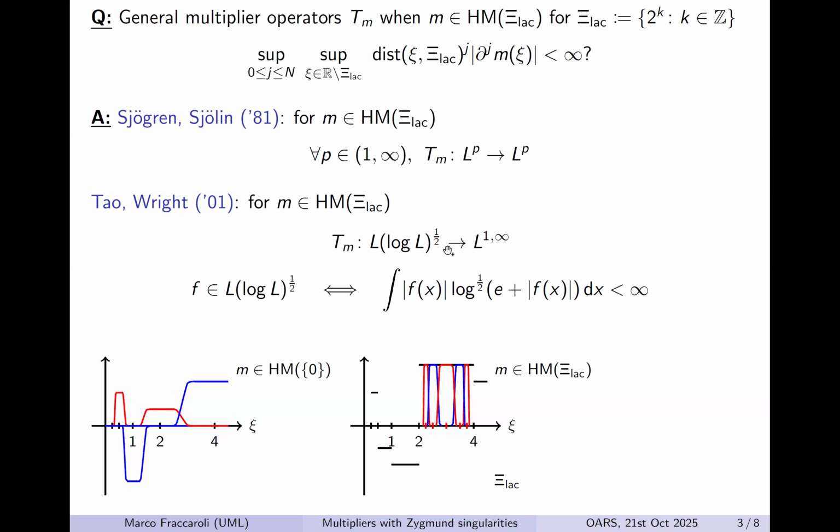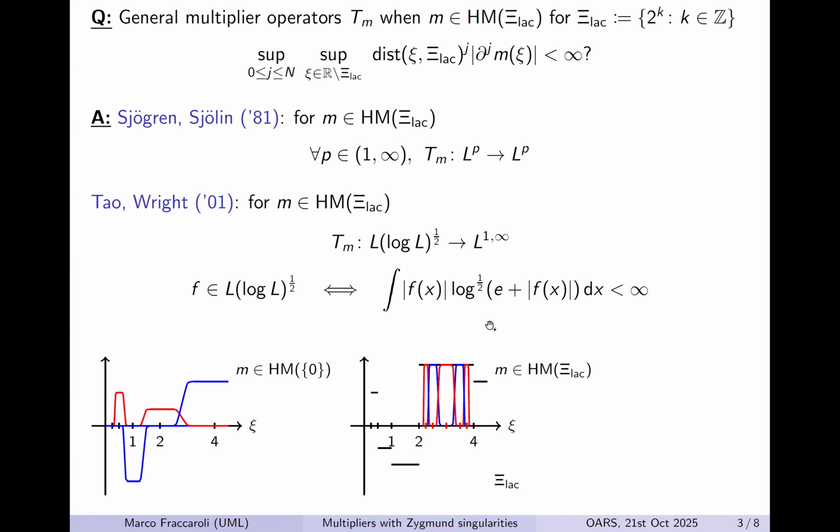And this space L log L is an example of an Orlicz space, but basically, for the moment, it means that a function belongs to this space, L log L to the 1/2, if this integral is finite. You see, we have f times the square root of the logarithm of f, basically, and just the e to make it a meaningful positive quantity.